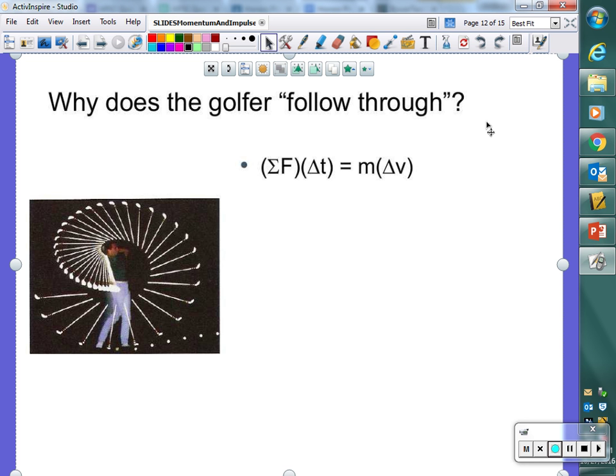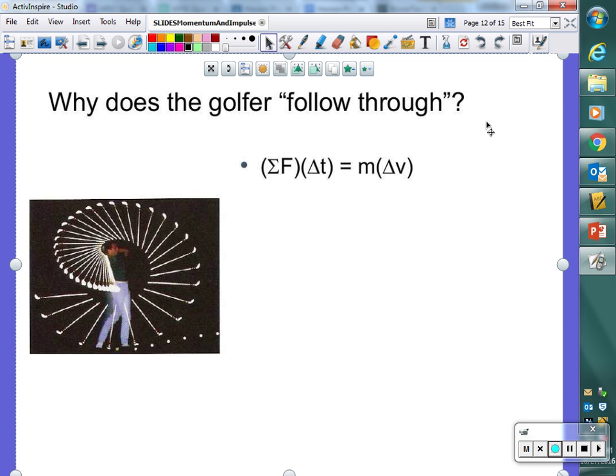Well, when we hit a golf ball, let's say we're driving the ball off the tee, do we want delta V to be big or small? Kind of big, right? Depends on what kind of shot we're hitting, but that'll be a good discussion point here. Let's say the very first shot in a hole, we want to hit the ball as far as possible, right? We generally want to make delta V as big as possible, okay?